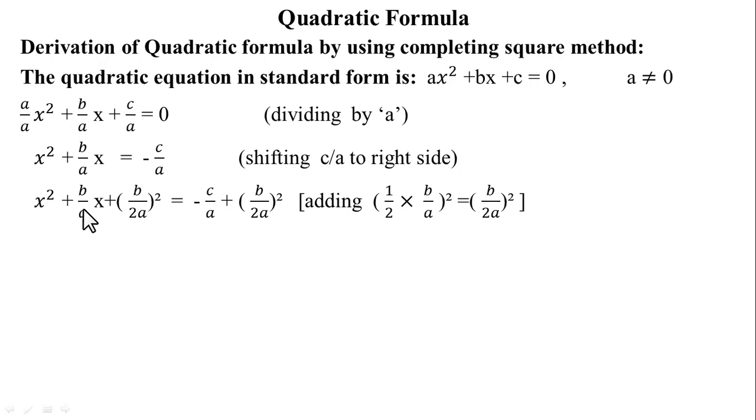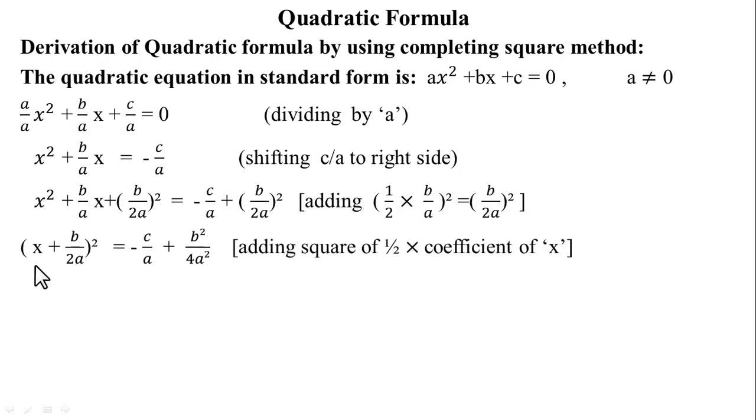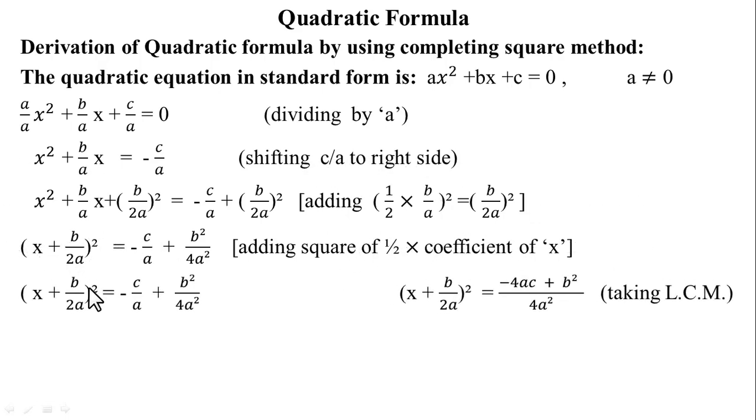Here a square plus 2ab plus b square becomes a plus b whole square. Then we write that x plus b upon 2a whole square is equal to minus c upon a plus b square upon 4a square.